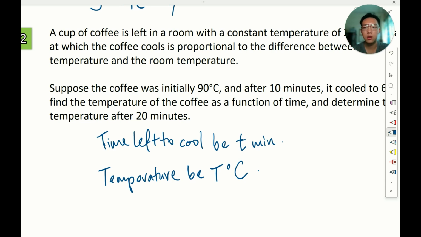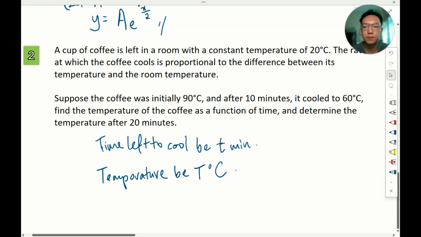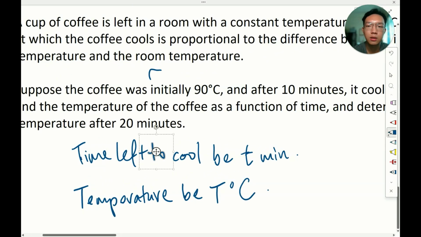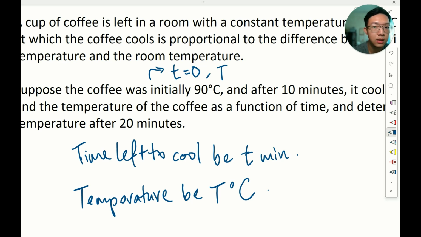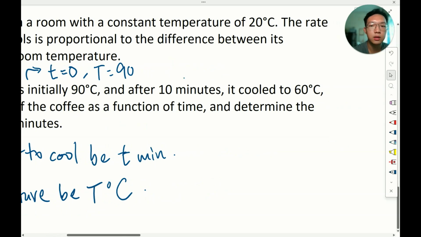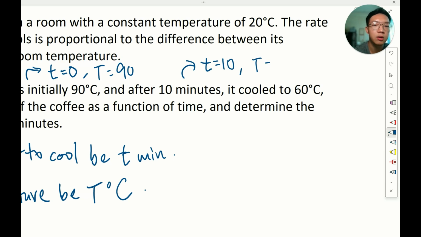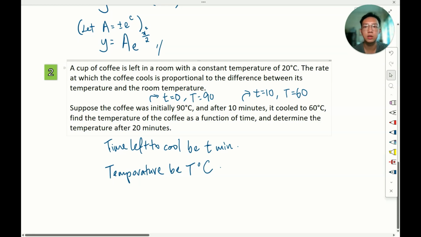So we have two known points here. Number one, initially means to say that the small t has a value of 0. 0 minutes has passed. And the temperature, big T, equals 90. Next known point is here. After 10 minutes means to say small t equals 10. Temperature is now 60 degrees. So big T is 60. Just to break down the question even more.